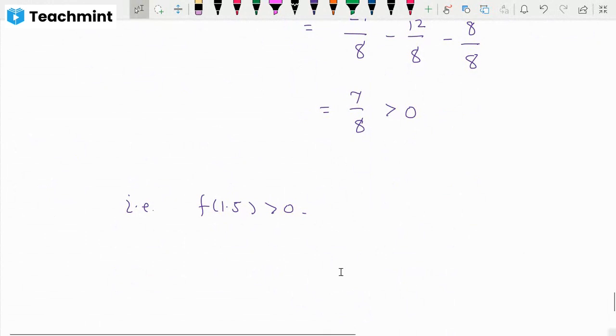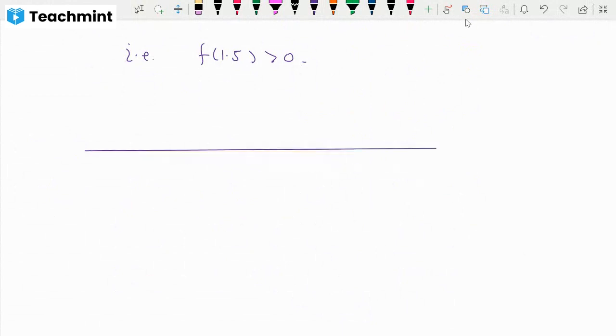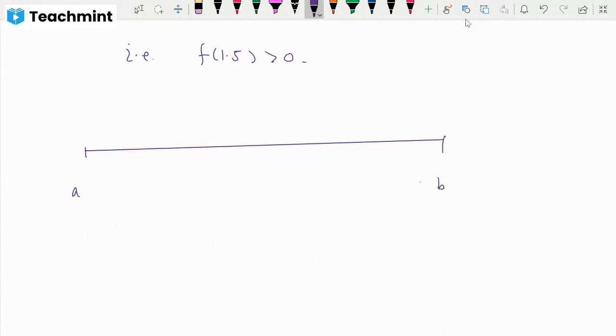So what is the situation here? What is our interval? This is A, this is B, the value of A is 1, and the value of B is 2. f(1) is negative, f(2) is positive.